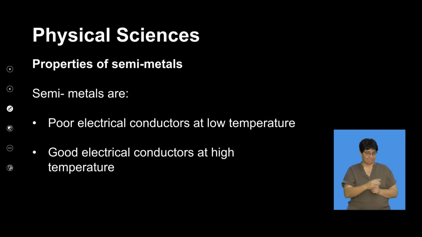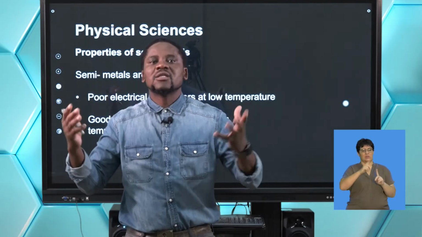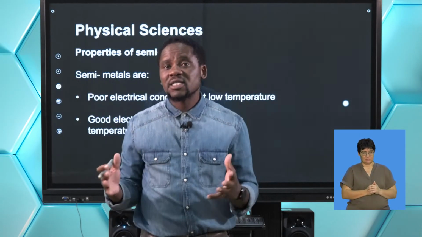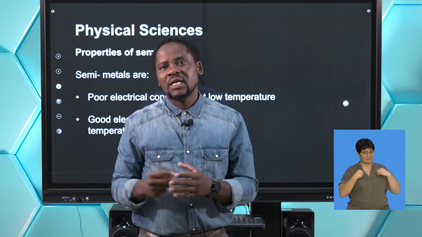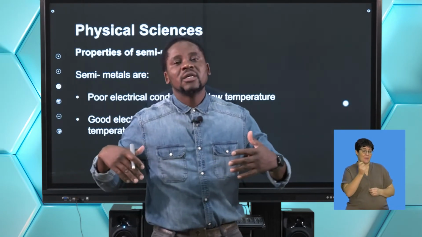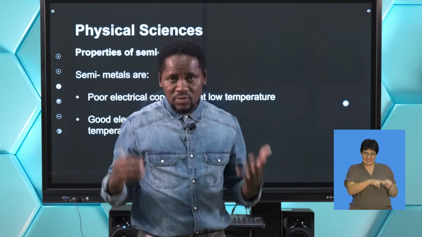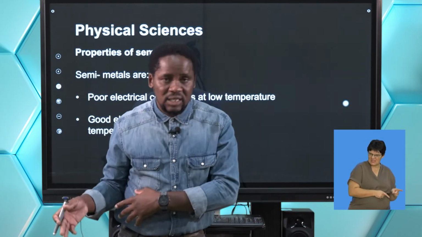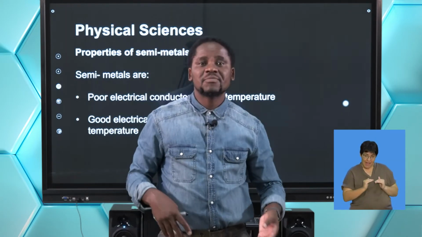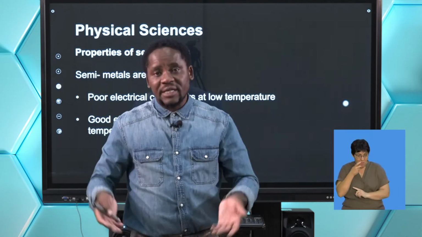Okay. Now, what about semi-metals? That is very important. They are poor electrical conductors at low temperatures. Now, let's understand something. The major property of semi-metals is that their conductivity depends on the temperature at which they exist. At a lower temperature, they are bad conductors, but at a comparatively higher temperature, they become better electrical conductors.